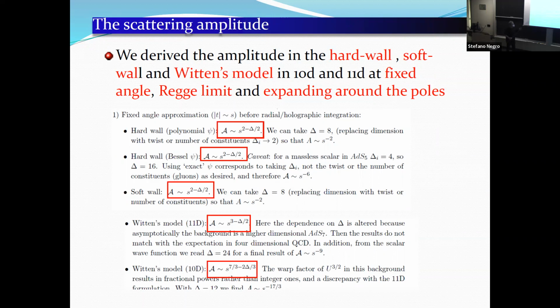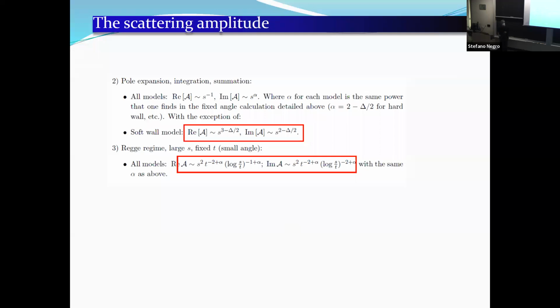And we did this similarly also for the Regge regime, not only the fixed angle, and also expanding around the poles. So we showed this passage from soft to hard.